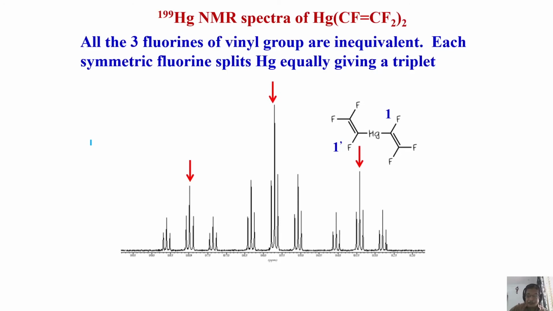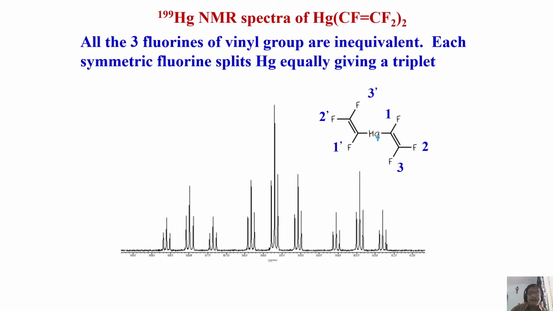Further, we have a coupling to another fluorine, like this fluorine you take, and you can couple to this one by the same extent. Each line of the triplet will become another triplet because the coupling between 2' and Hg and 2 and Hg are the same. So each line of the triplet becomes another triplet.